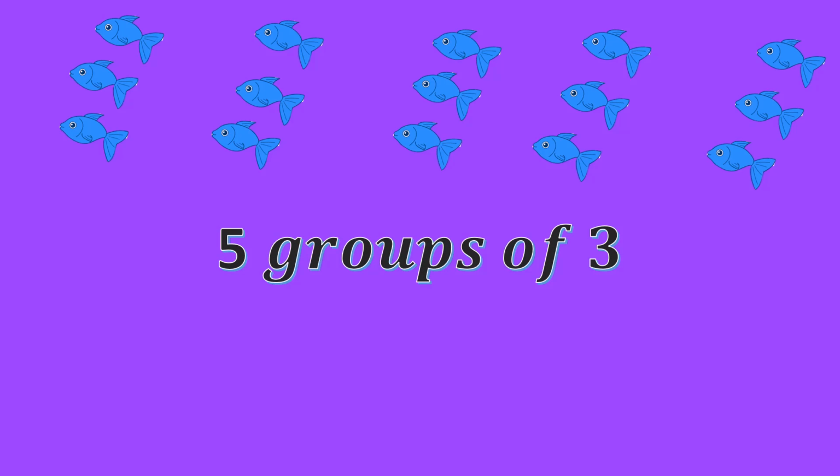Now let's have the second example. We have here 5 groups of 3. So let's start writing with the number of groups. So 5 times the number of fish in each group. We have 3. And that is equal to, how many is the total?